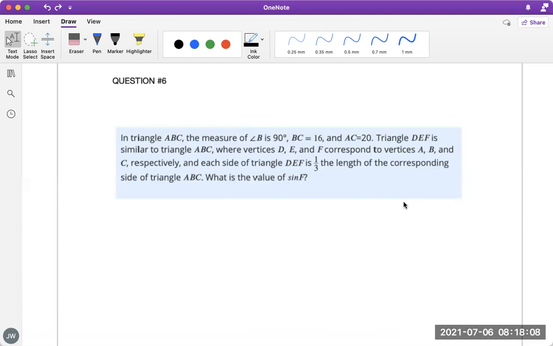Triangle DEF is similar to triangle ABC, where vertices D, E, and F correspond to vertices A, B, C, respectively. Each side of triangle DEF is 1/3 the length of the corresponding side of triangle ABC. What is the value of sine F?